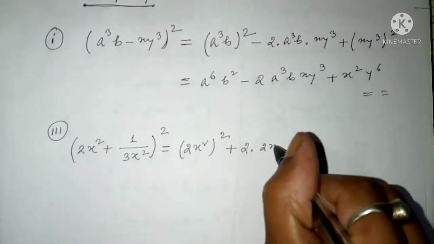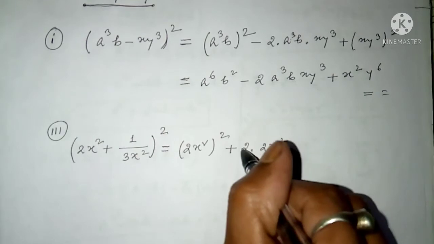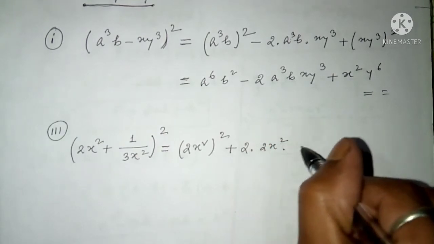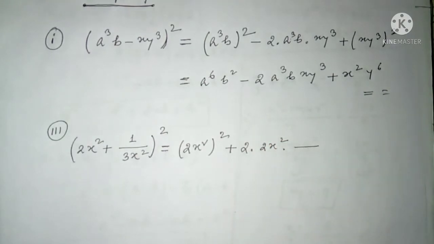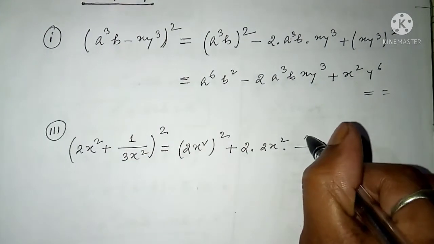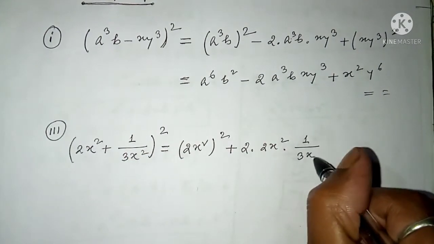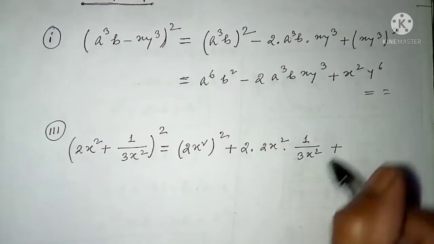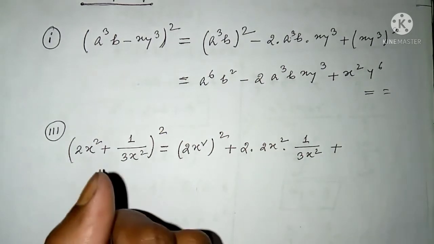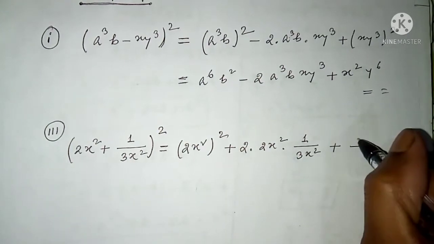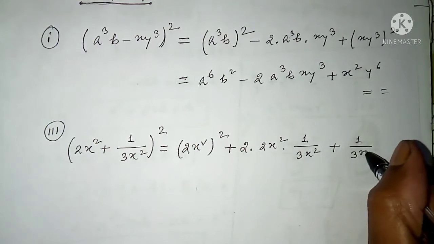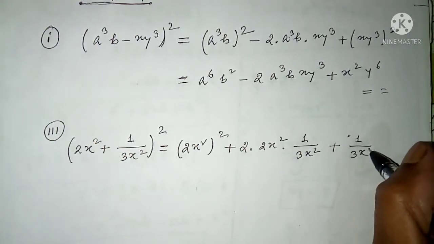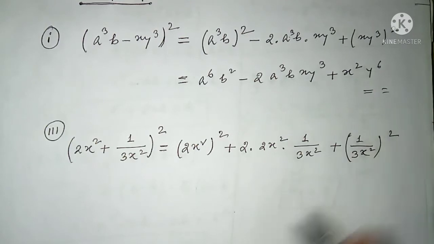Your first term is 2x square, this 2 from the formula. Then your second term we can see here is 1 by 3x square. And then again plus, and the square of the second term, that is 1 by 3x square.